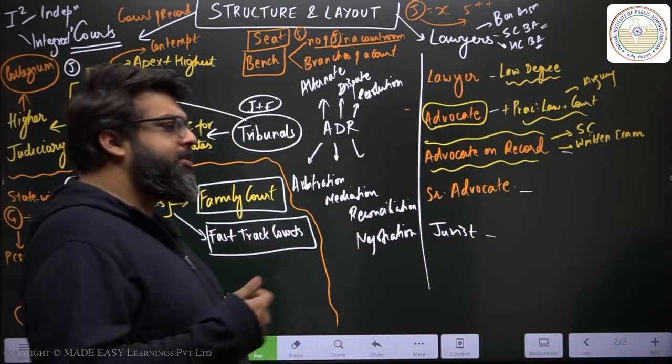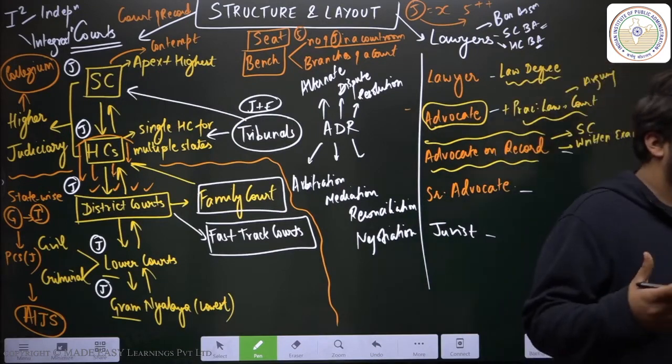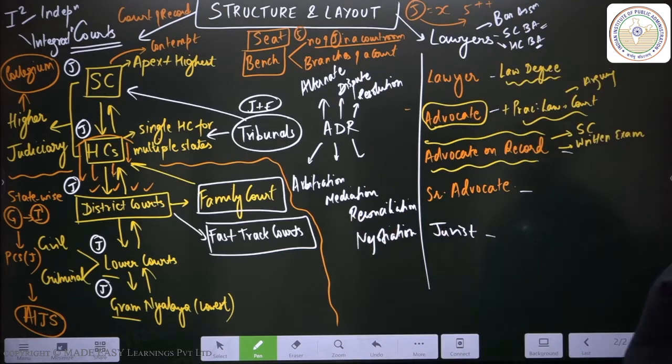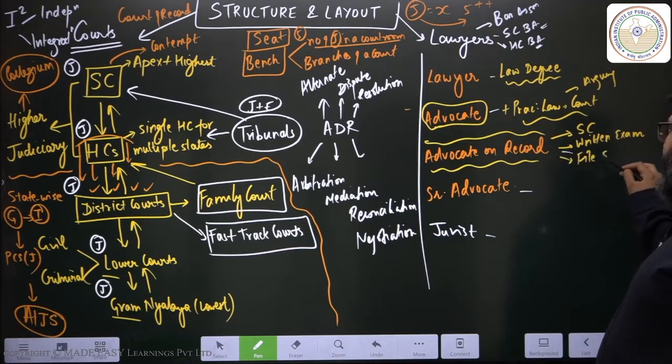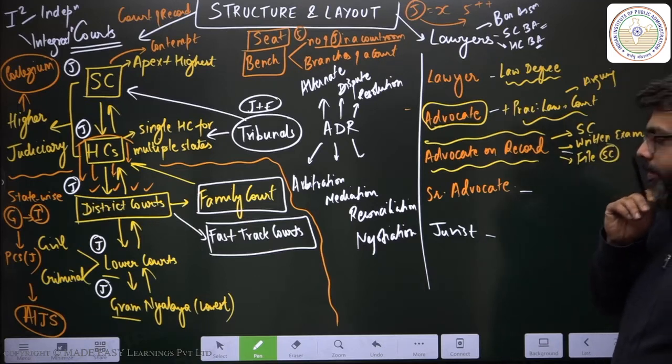This exam is subjective in nature, has procedural law, important judgments, law and ethics, and so on and so forth. Once you become an AOR, by the way, you are able to file cases in the Supreme Court. Now, please understand, don't miss the boat on this.